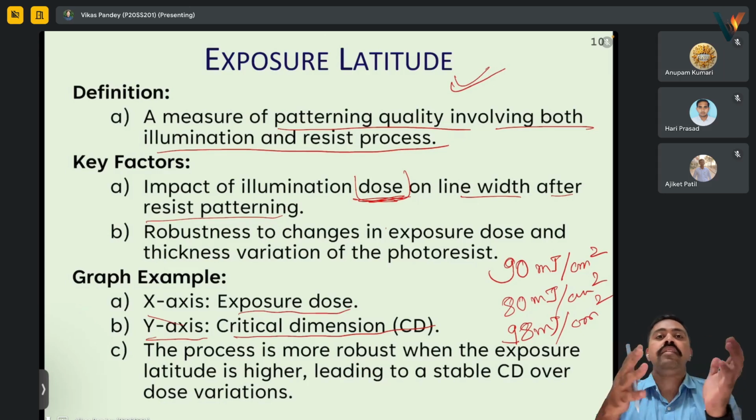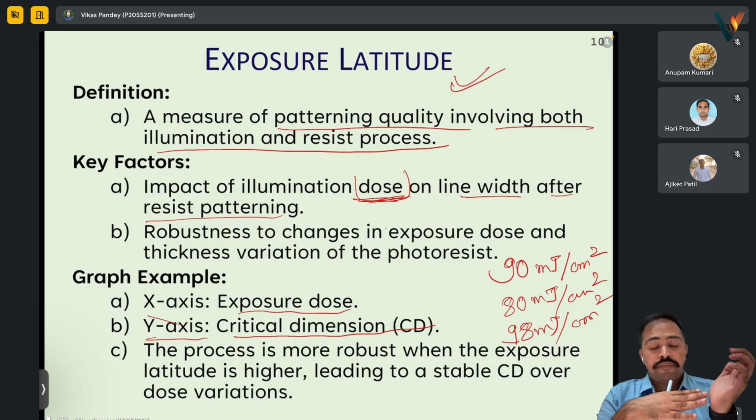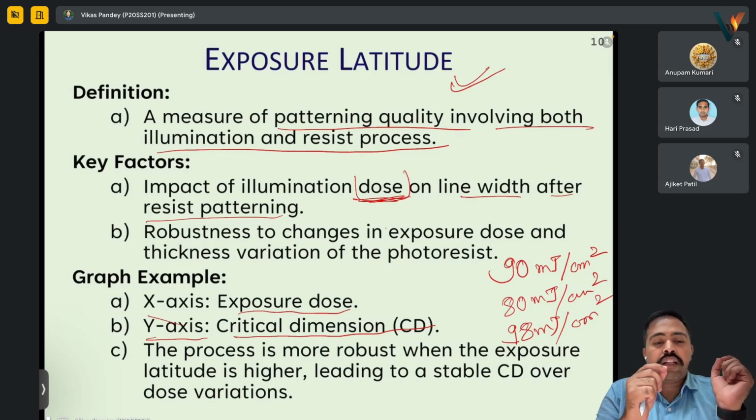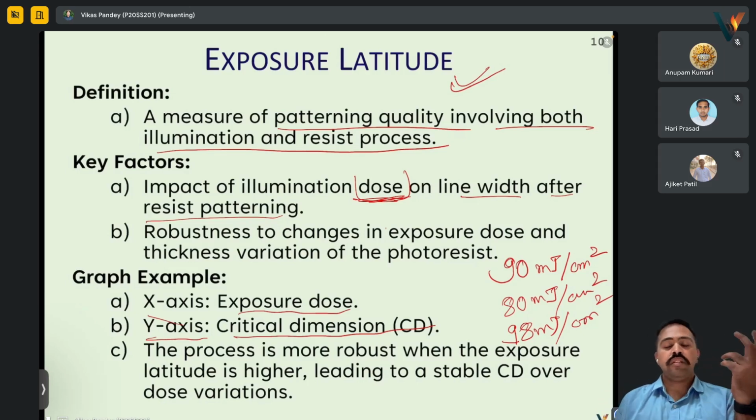If there are some changes in dose as well as some changes in the photoresist thickness, that is fine, it will still work. Then we say that the process is more robust, compared to a process which has a very critical, very small window.